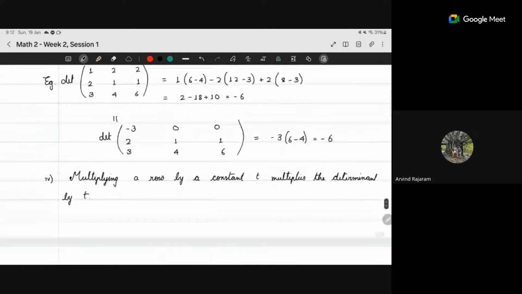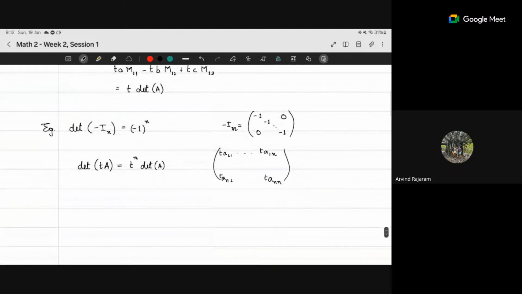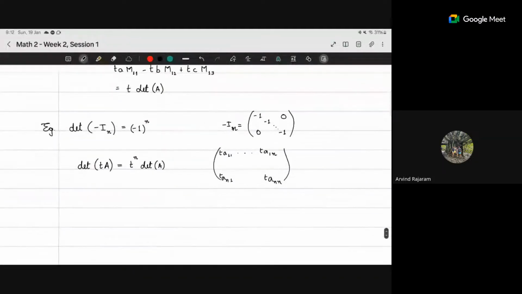The property tells you that multiplying a row by a constant t multiplies the determinant by t. Now I'm not multiplying only one row, I'm multiplying each row. So for each row, I get one t in the determinant, right? So there are n rows, so I get n t's multiplied together, which gives me the t to the power n factor outside. So this property implies that the determinant of tA is t to the power n times the determinant of A.